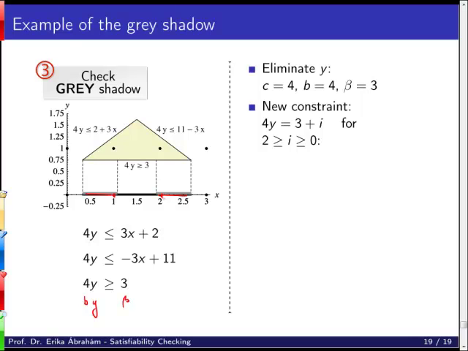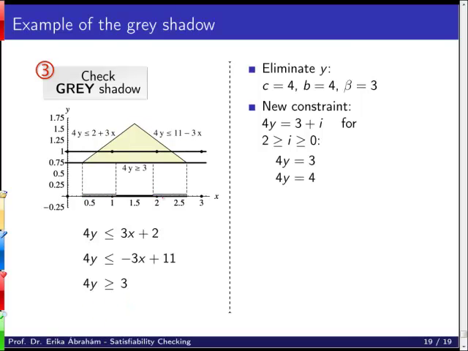So I will try all, and then I will find actually for both 1 and 2 there exists also an integer value in the y dimension. So these two are the solutions, and I will find both.